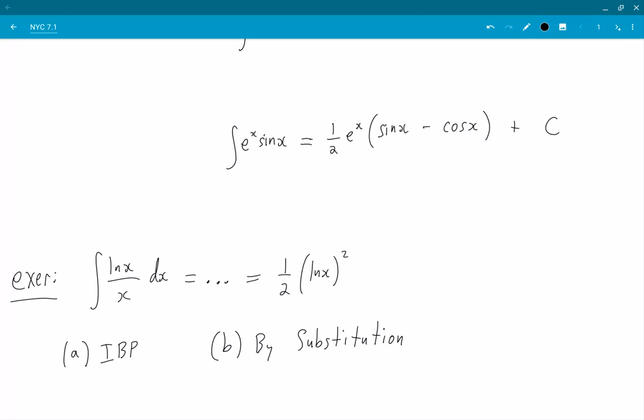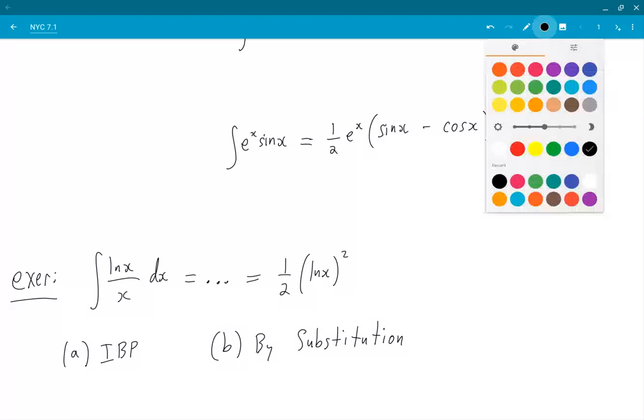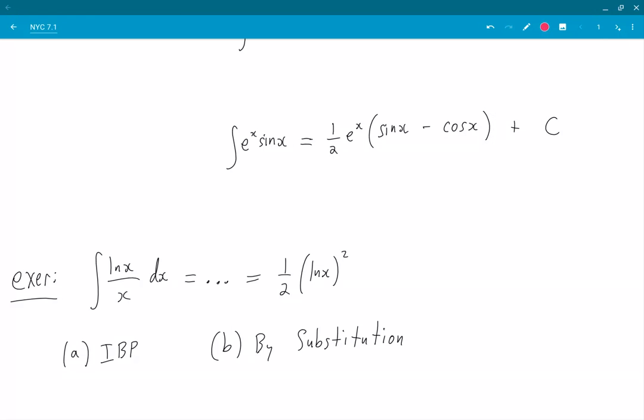The first time, use integration by parts. It will be a boomerang. The second time, use the substitution u equal to ln x. So just try that, and we'll talk about it in the next video.